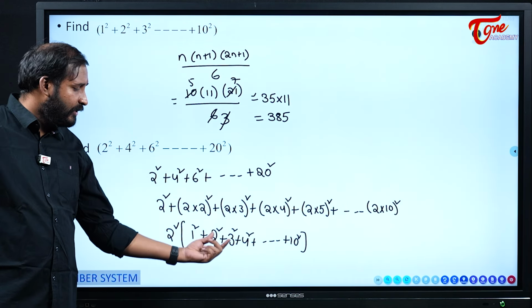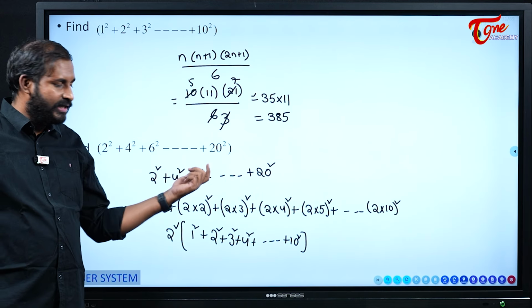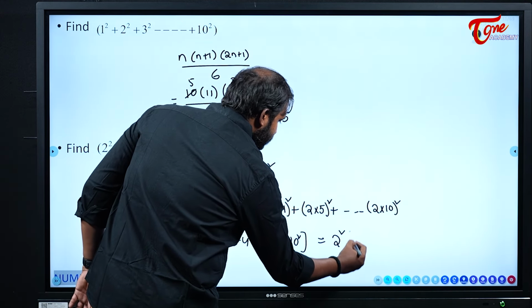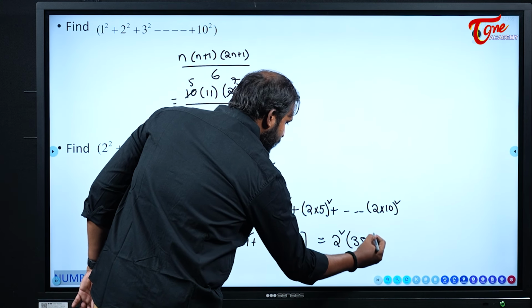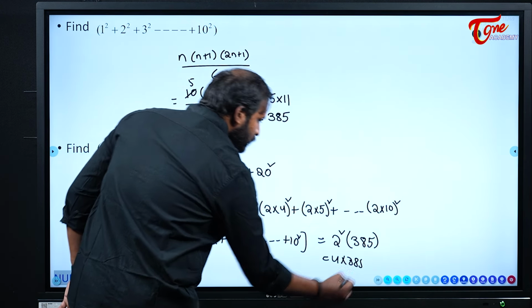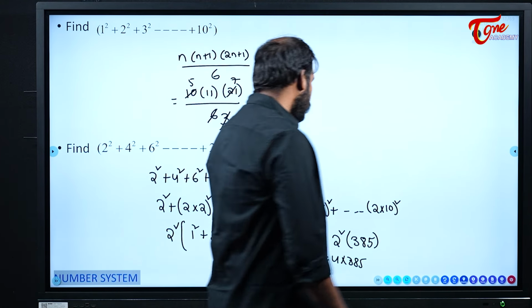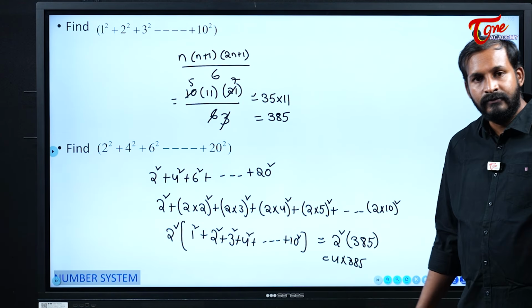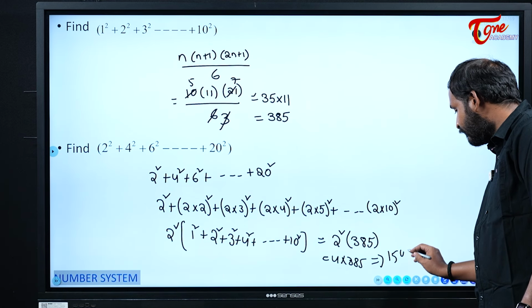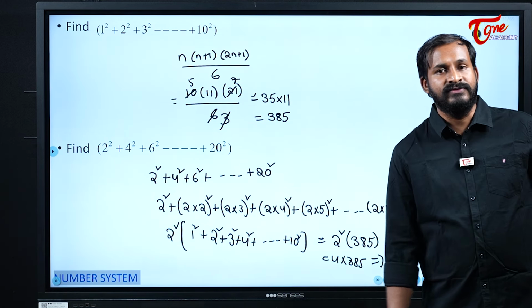In general, we need to calculate for this, but just now we calculated it here. So directly I will use that one. So 2 square into 385 will be our answer. That means you need to write your answer as 4 into 385. What is the value of 4 into 385? You get this value as 1540.